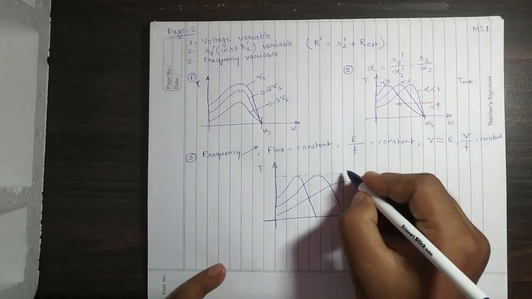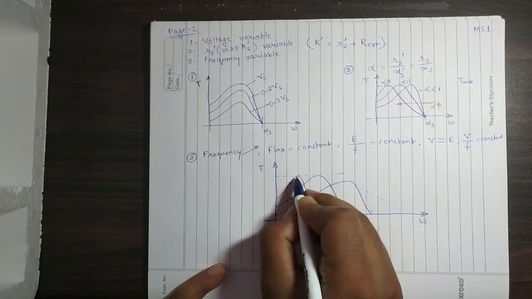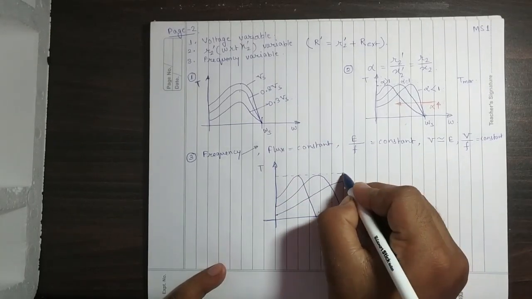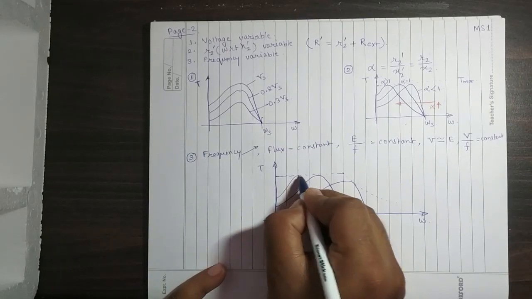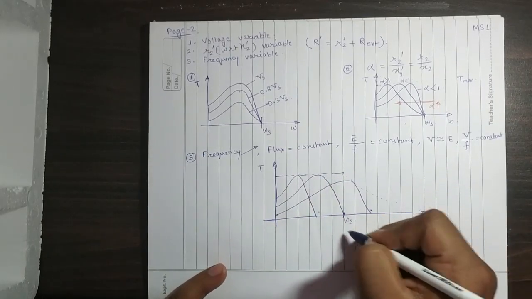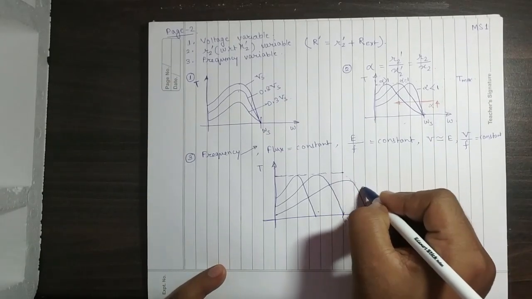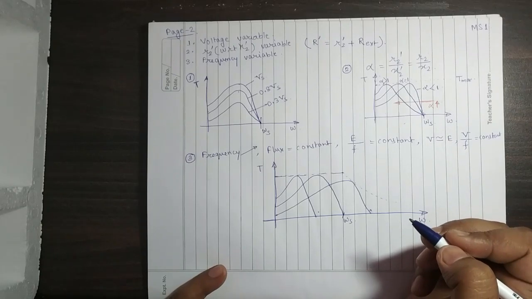Here you see that both the starting torque and the maximum torque vary. However, this maximum torque does not vary until it reaches the base speed, that is omega s. After that, the maximum torque decreases.